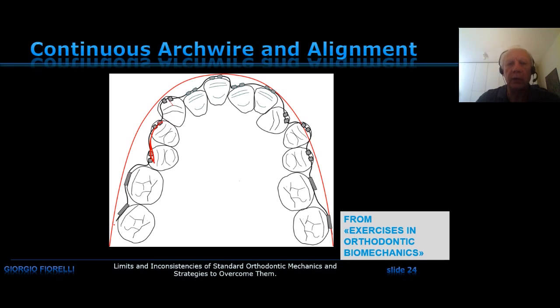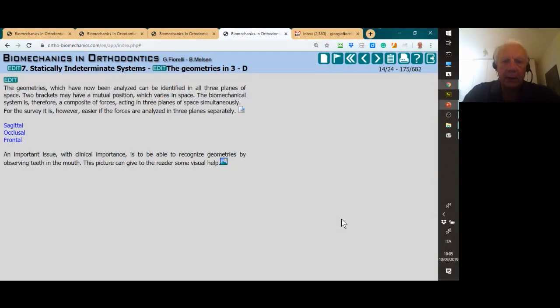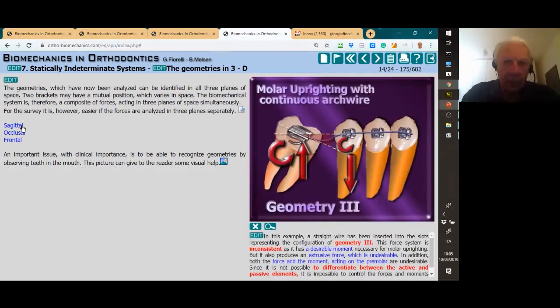So working with a two bracket system is a solution to make things predictable, as we will see. Another important concept that we have to stress is that when we speak about geometries existing between these two brackets, we have to consider that we have a geometry on this plane which produces these vertical forces and this uprighting tipping moments.